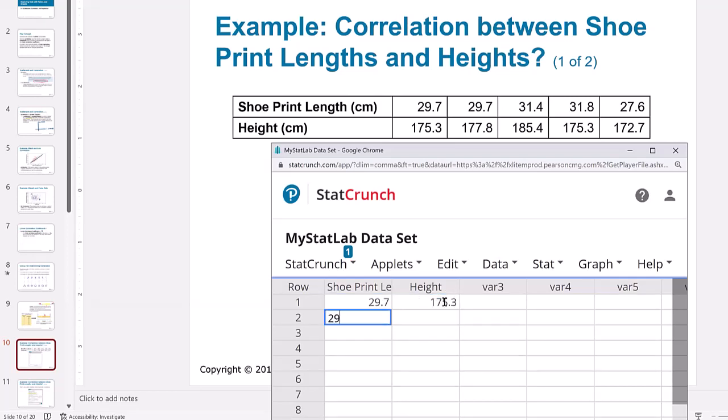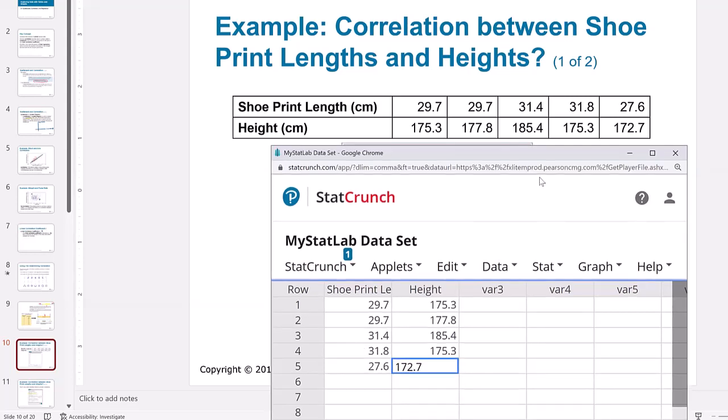I have 29.7 and height is 177.8. 31.4, 180. Okay, that's right. 31.8 and 175.3. And last, 27.6 and 172.7. First, I want to do our plot.